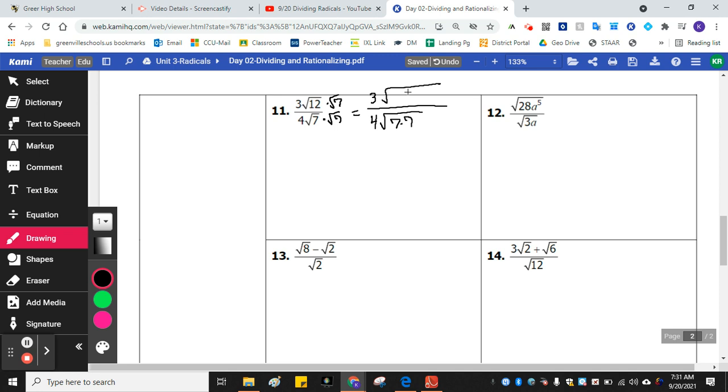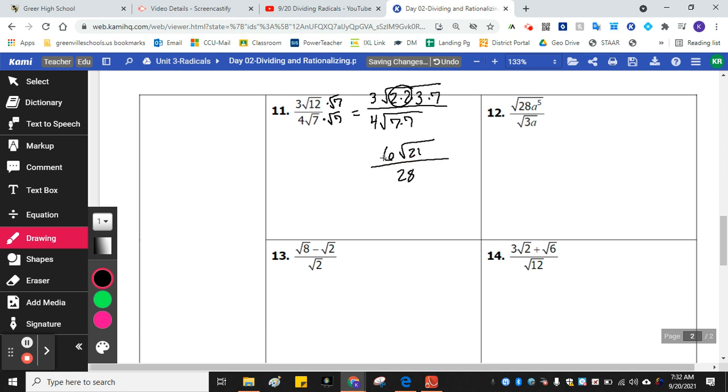And 3 square root of 12 is 2 times 6, and 2 times 3 is 6. Now we're putting it times 7. Every 2, 1 comes out. So I have, because this is square root, 2 and 3 will make me 6. 3 times 7, 21. And 4 times 7 is 28.